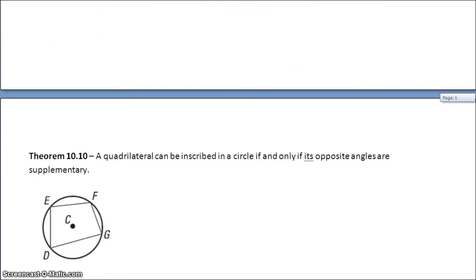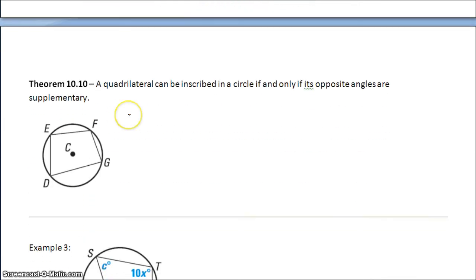Now let's look at Theorem 10.10. Theorem 10.10 says that we can inscribe a quadrilateral. We can put a quadrilateral inside of a circle where all of the vertices are on the circle if and only if the opposite angles are supplementary.